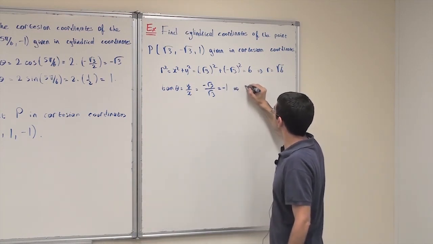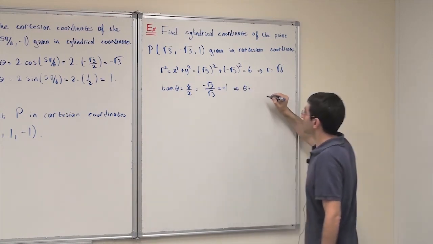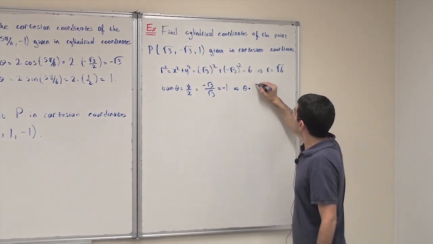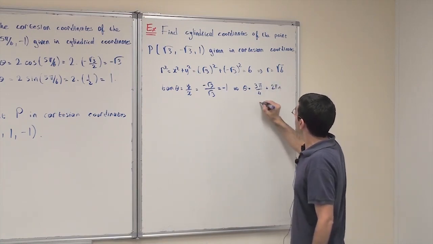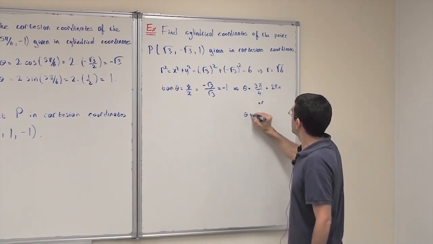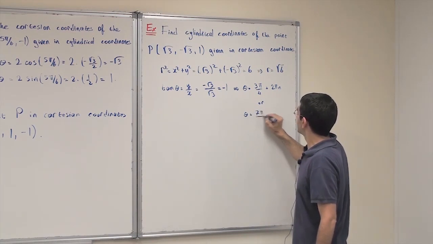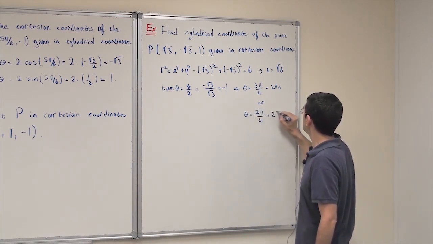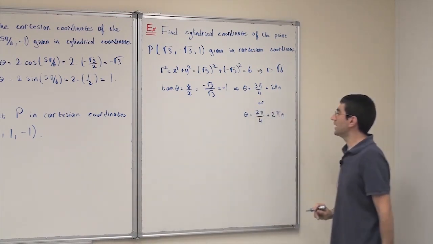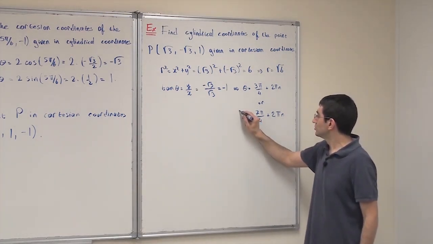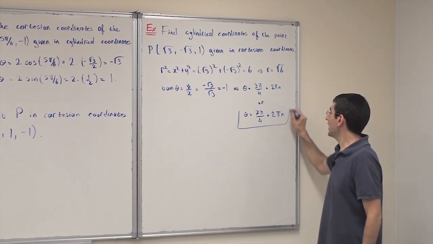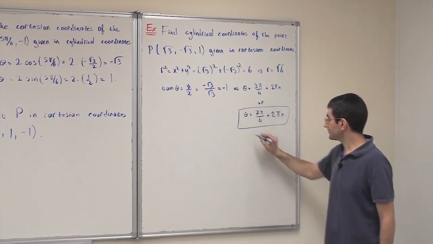And the solutions of this trigonometric equation are theta equals 3 pi over 4 plus 2 pi n, or theta equals 7 pi over 4, so fourth quadrant, plus 2 pi n. Now, we are going to choose this as our solution.